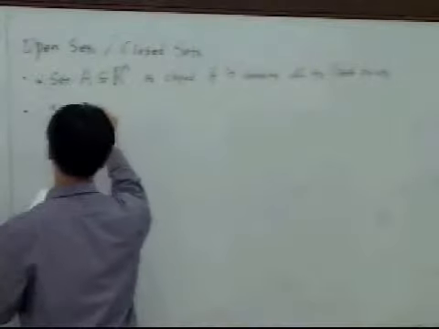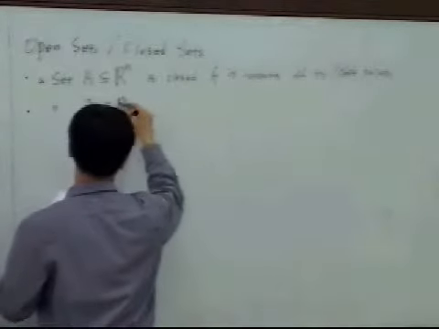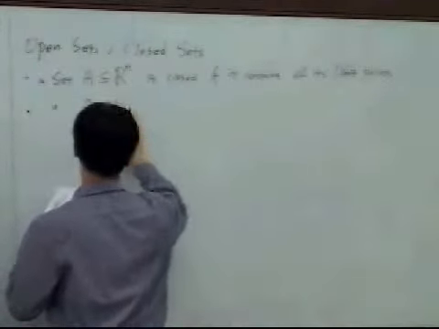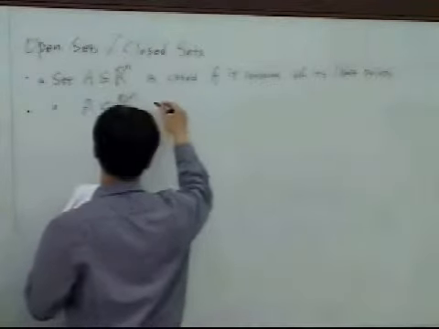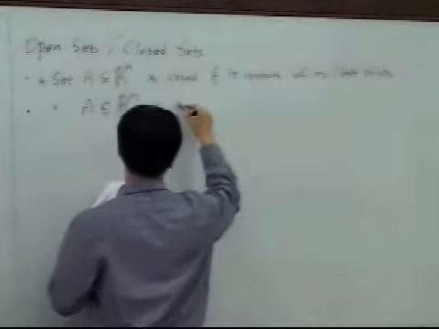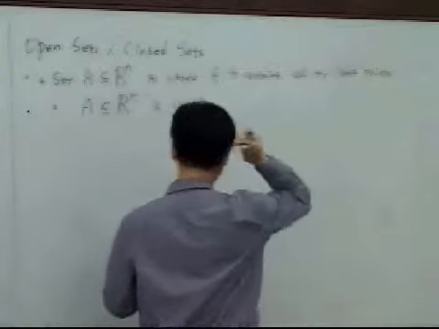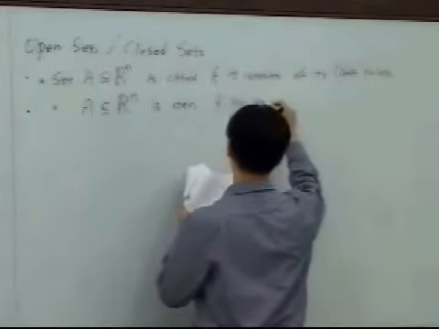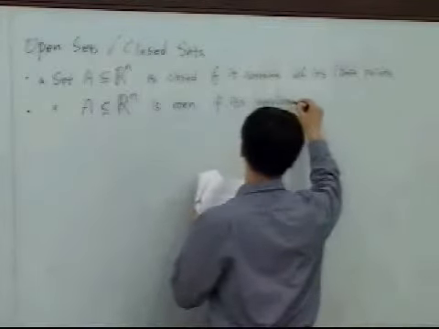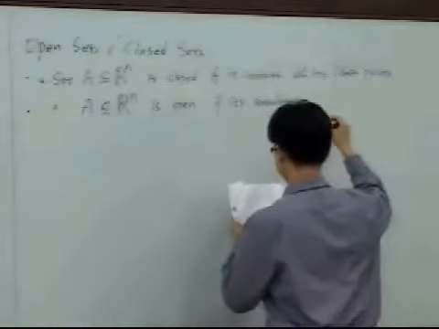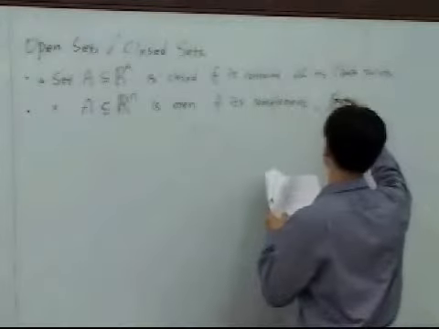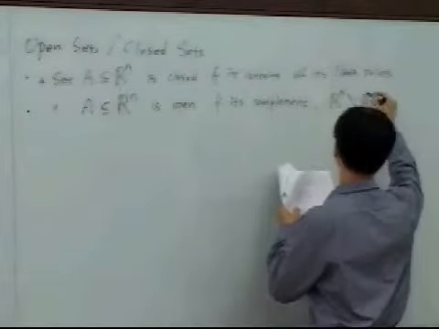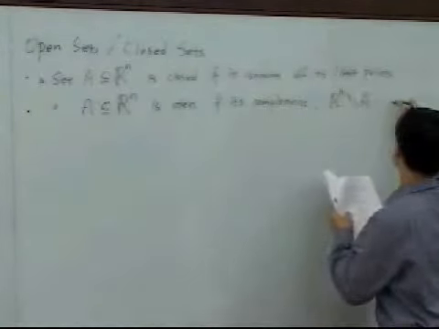If a set A is open, if its complement, and we write this one as A superscript C, is closed.